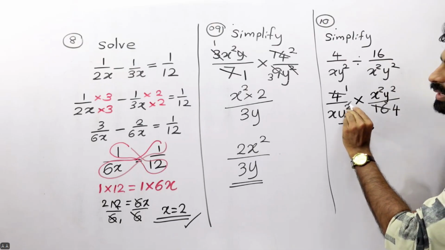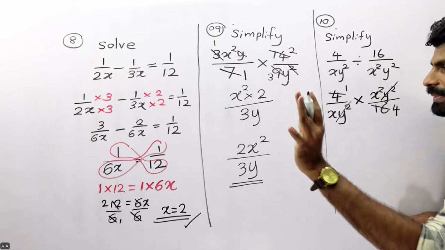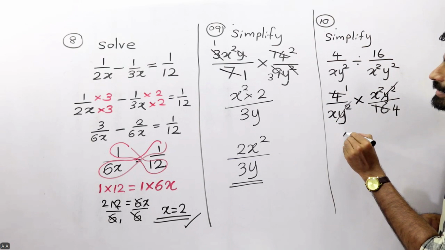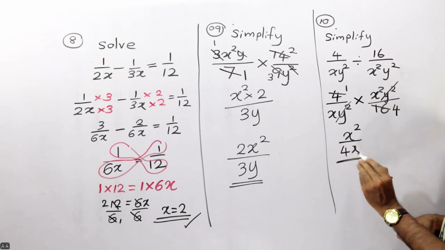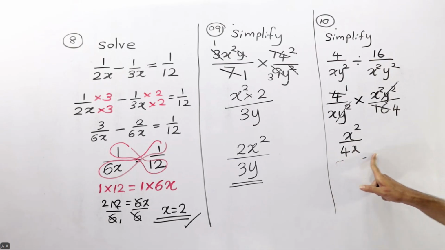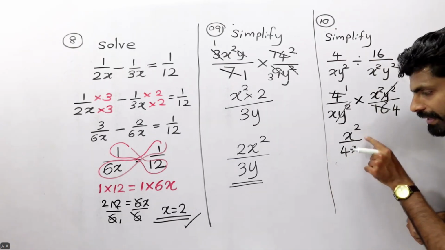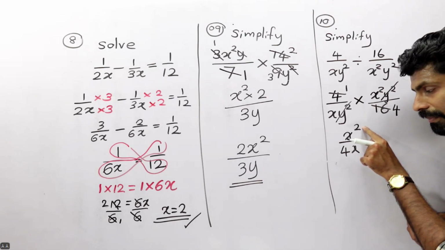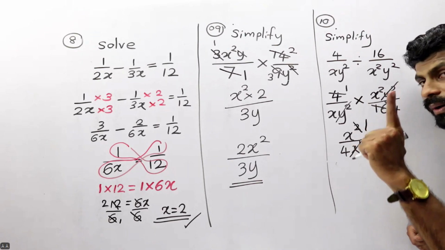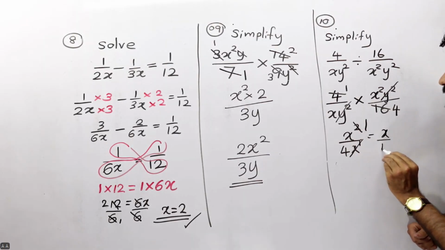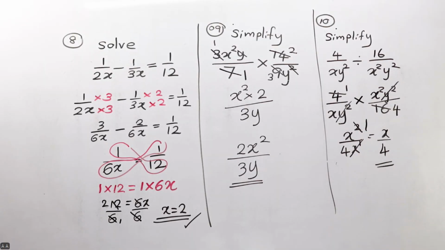Y squared cancelled. X squared into 1. X squared over 4x. Then we can cancel out x to the power 2 with x to the power 1. So that means x over 4 is the answer.